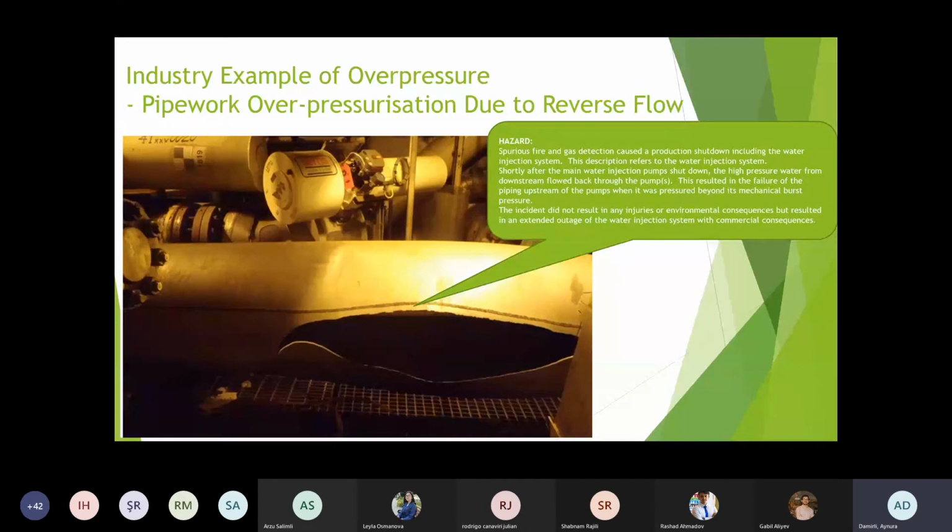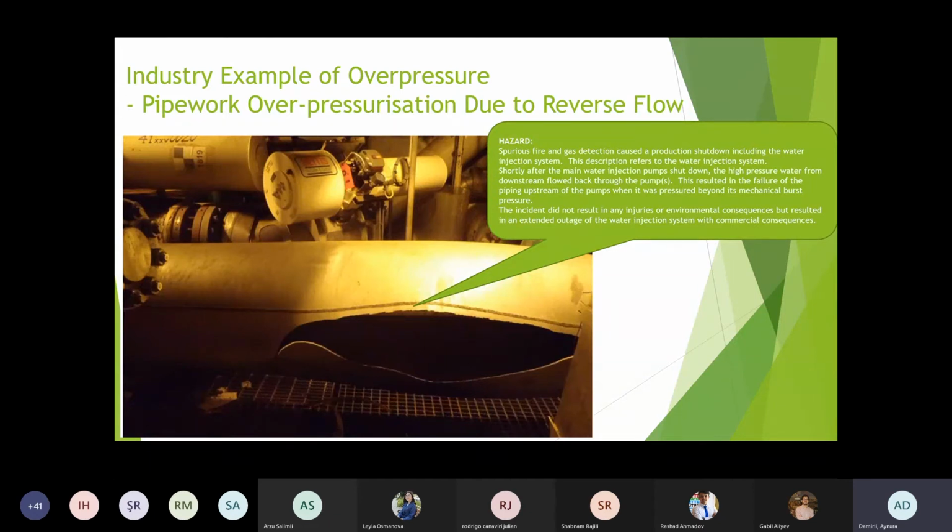To be honest, fortunately, no injuries happened at that time when this overpressure explosion happened. Also, no environmental consequences happened. But it resulted in extended outage of the water injection system with commercial consequences.